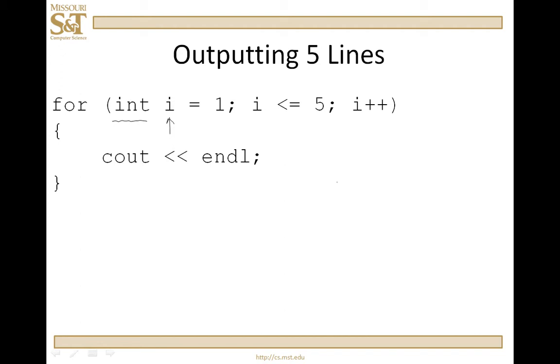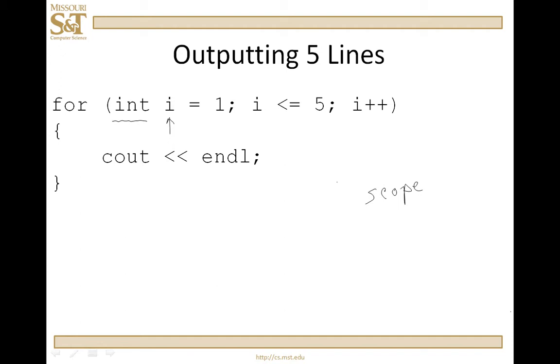I can create it for the loop. This introduces the notion of scope, the scope of a variable. And I want to talk about this more towards the end of this lesson. But very briefly, the scope of this variable i is only inside this for loop. That variable does not exist outside of the loop.